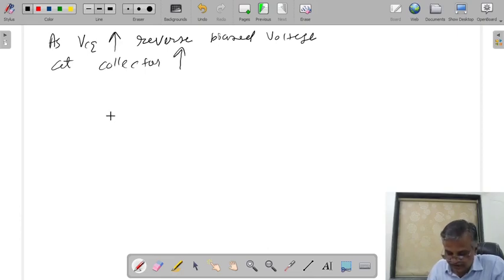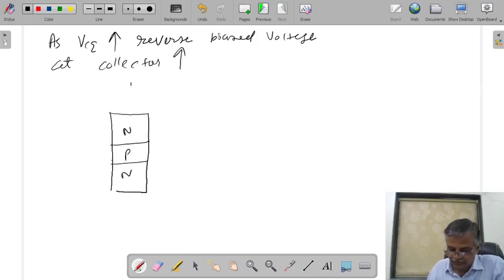Look in this diagram. This is your N type, this is your P type, this is your N type. This is your collector, this is your base, this is your emitter.